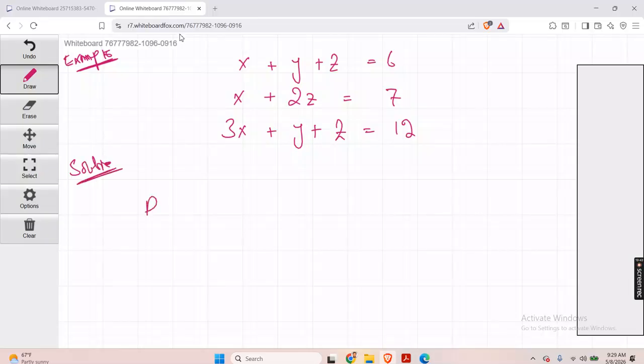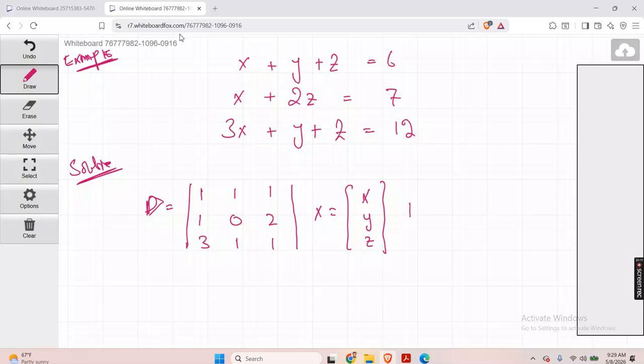So let's say our matrix D is 1, 1, 1, 1, 0, 2, 3, 1, 1. X is equal to x, y, z. Matrix B is equal to 6, 7, 12.